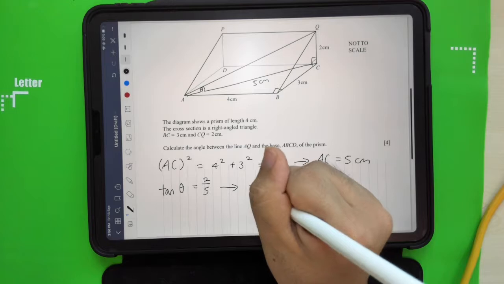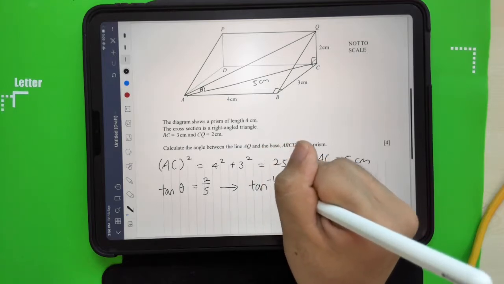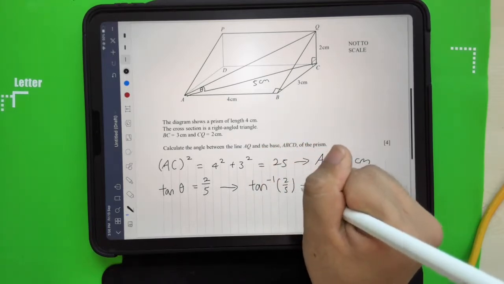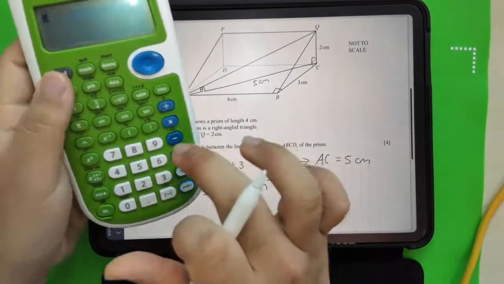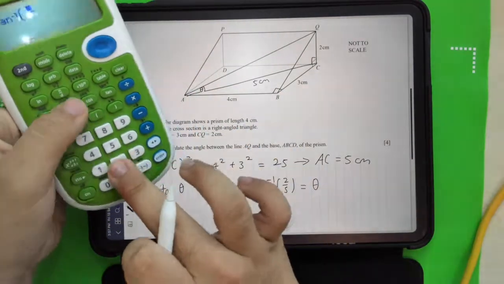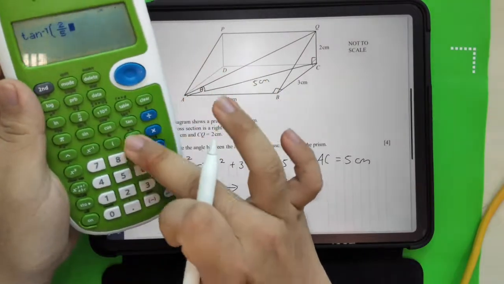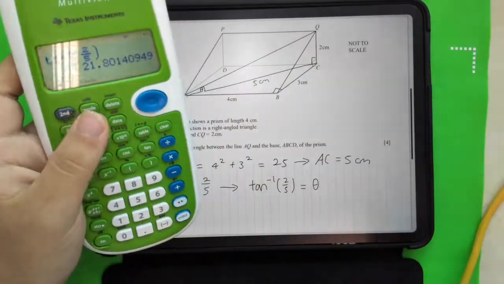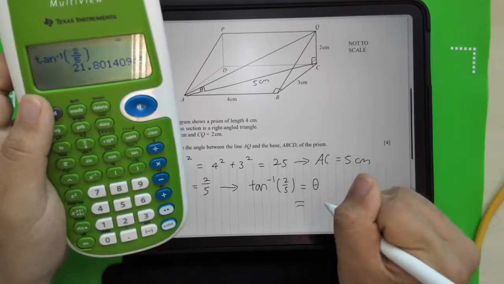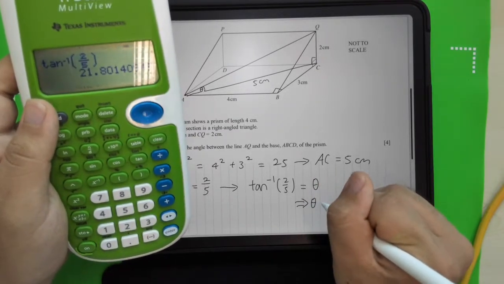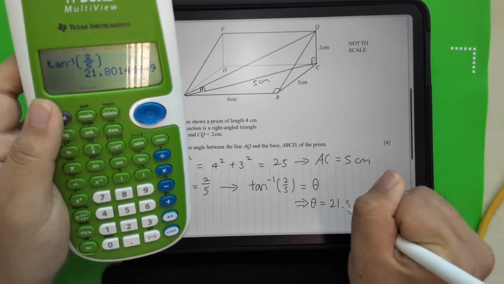We can rewrite this as inverse tangent of 2 over 5 equals theta. Now let's use a calculator. Inverse tangent 2 over 5. Again, unless stated, 3 significant figures. So we know that theta is approximately 21.8 degrees.